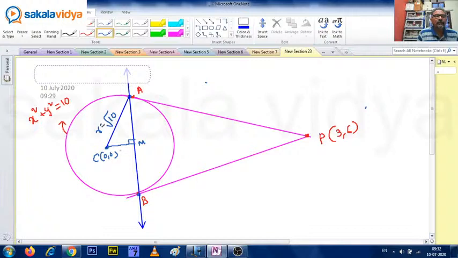Say this will be D. First we need to find the equation of this blue line, the chord of contact.